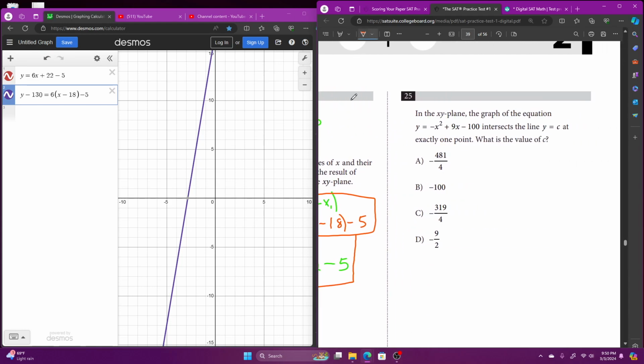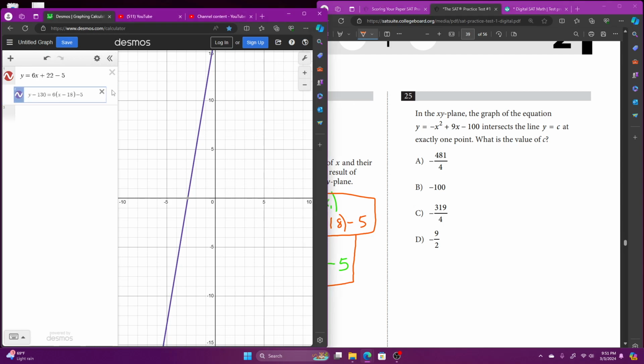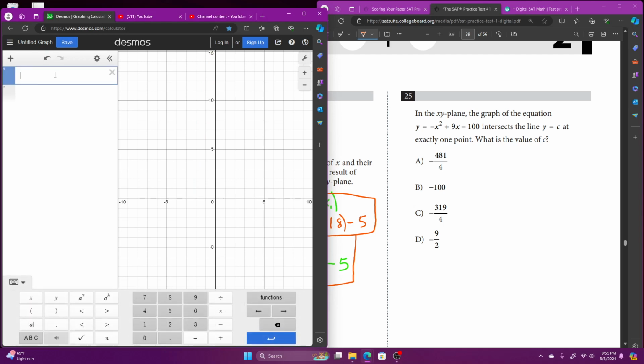Question number 25 says, in the xy plane, the graph of the equation y equals negative x squared plus 9x minus 100 intersects the line y equals c at exactly 1 point. What is the value of c? Y equals negative x squared plus 9x minus 100.